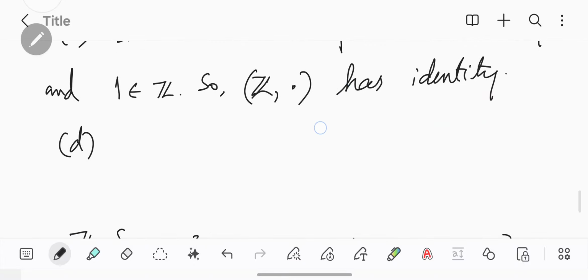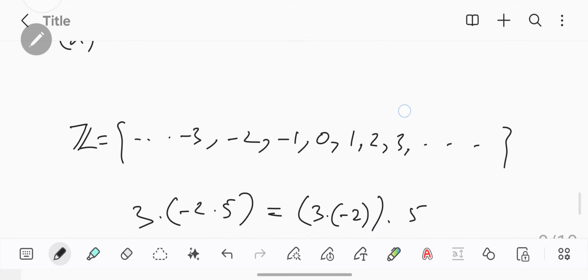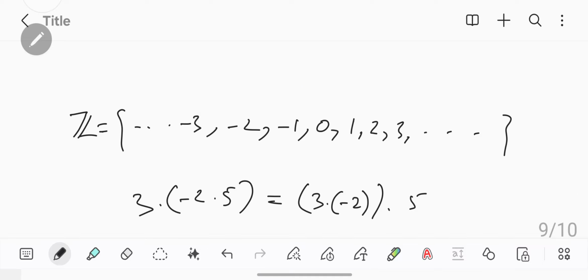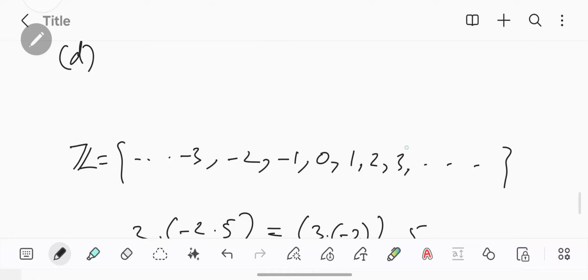The last property says that the inverse of each element should be inside the set. If you have a number, then its inverse must be there. Okay? So for example, if you have 3, what is the multiplicative inverse of 3?